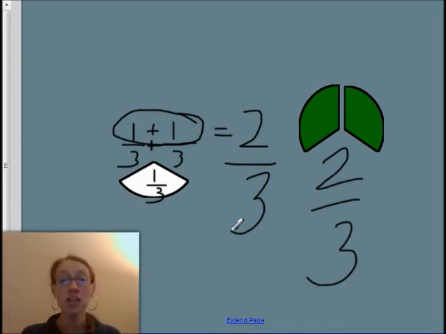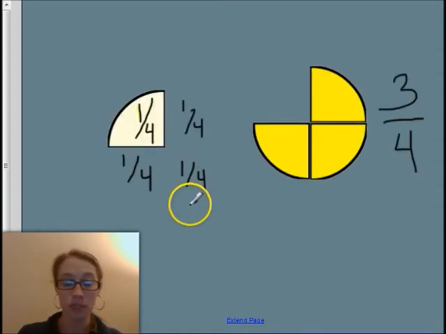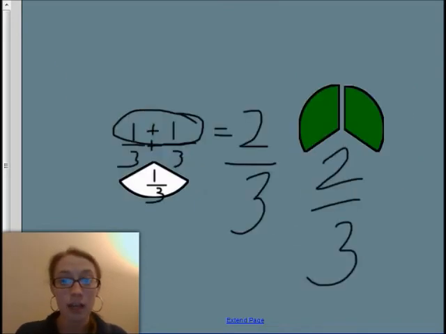So there's always 3 pieces in this one. There's always 8 pieces in this one. There's always 4 pieces in this one. So my denominator is 4. My denominator is 8. And my denominator is 3. My denominator never changes for that piece of cheese. Ever. I know. It's really cool, huh?